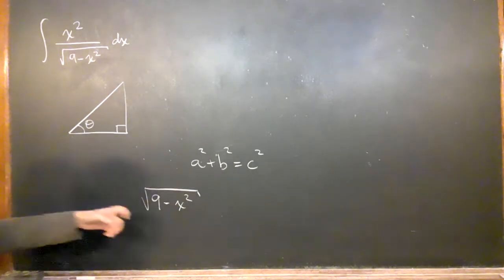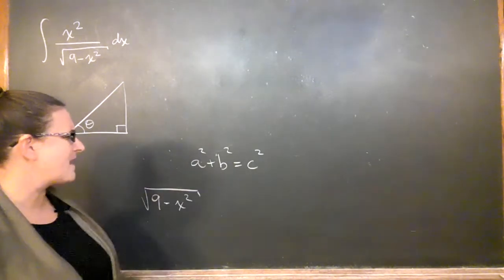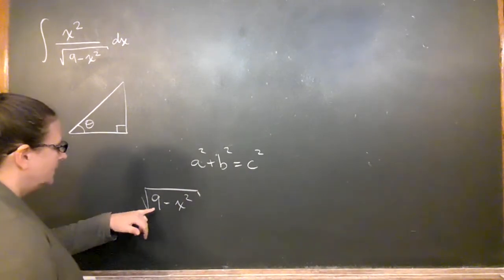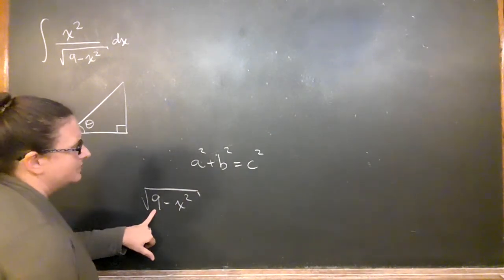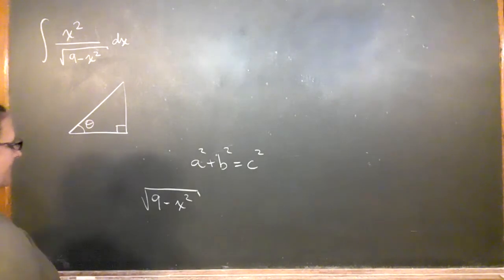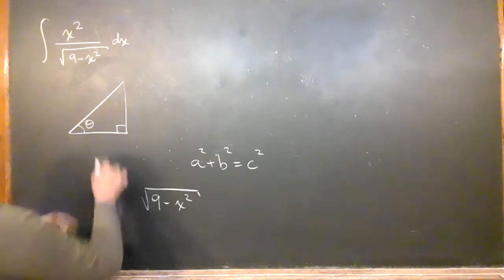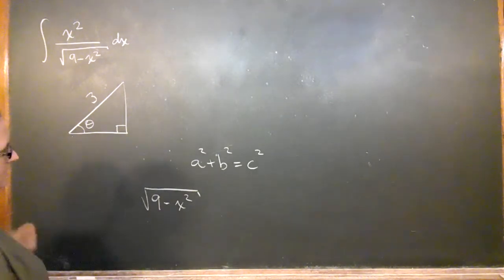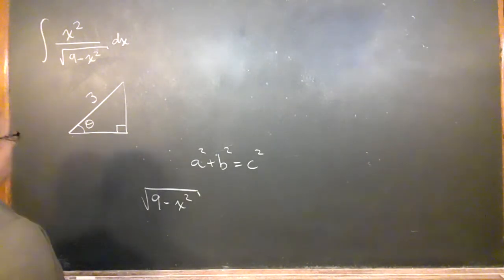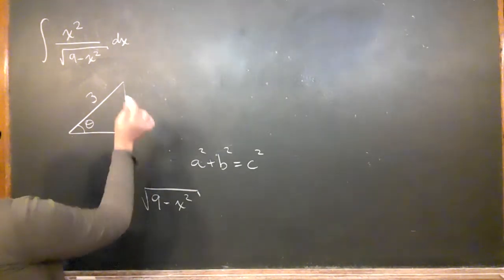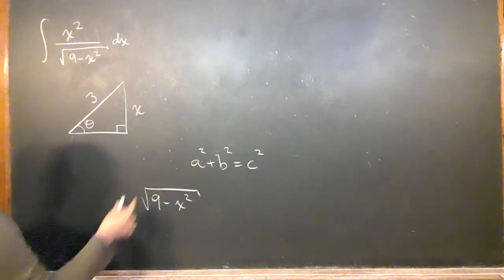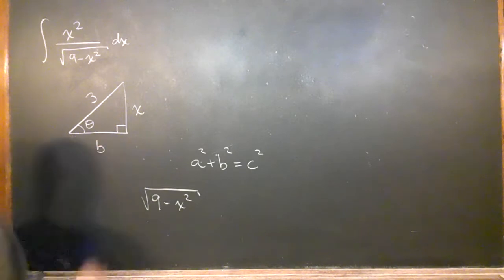So when I think about how this came from the Pythagorean theorem, it looks like the 9 must be my hypotenuse, right? It's going to be here, and it doesn't matter which leg I call x. Let's call it this one. And then this other leg, we'll give it a name for the moment. We can call it b.